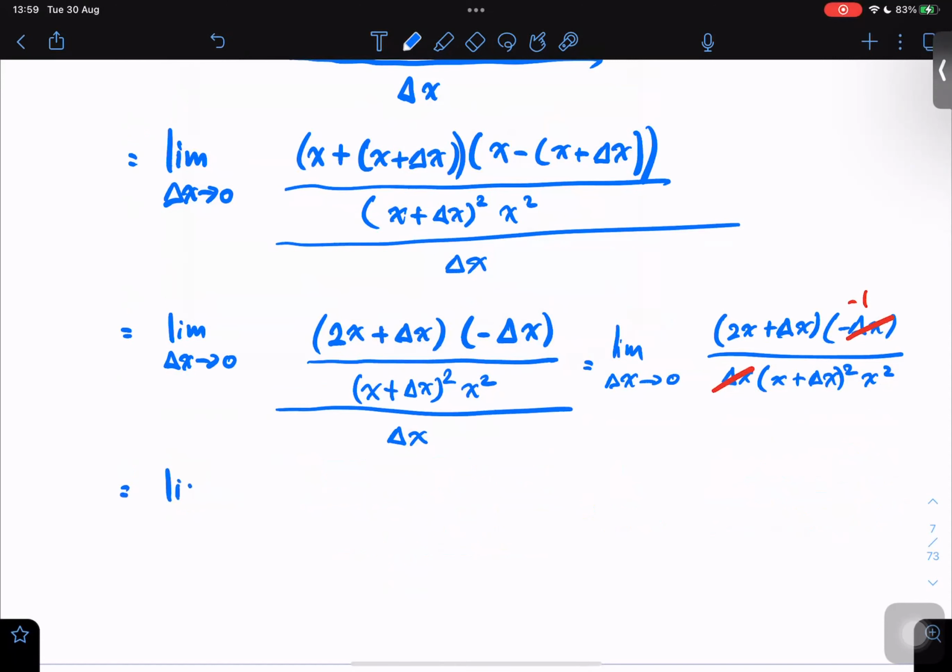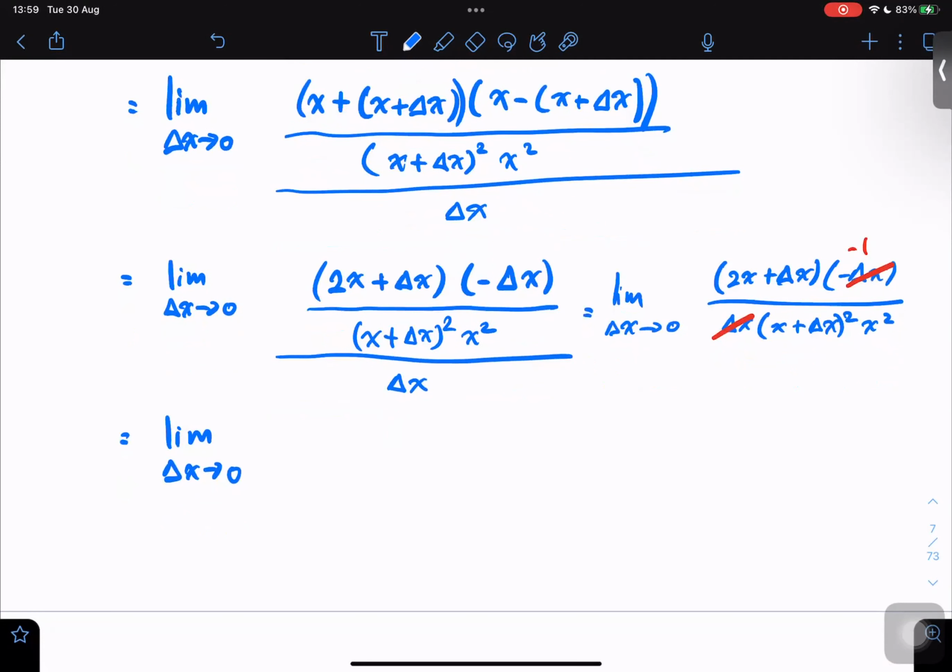So when you are doing the derivative by using the definition, it's going to be a little bit confusing like this. Later on, you're going to see the formula that lets you do the derivative more easily.